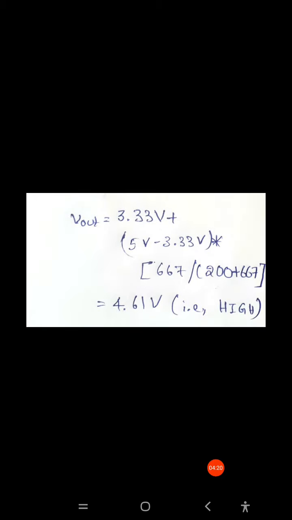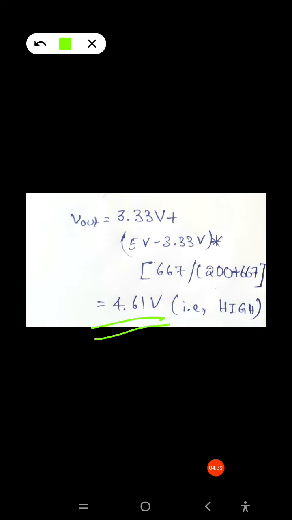If you see the output voltage here, V out equals 3.33 volts into 5 volts minus 3.33 volts, where 5 volts is the power supply, and the equivalent resistance, so you get the output as 4.61 volts. It is not exactly 5 volts.